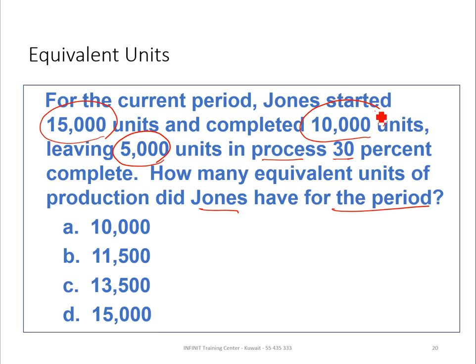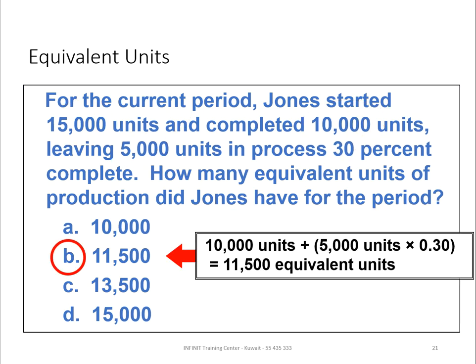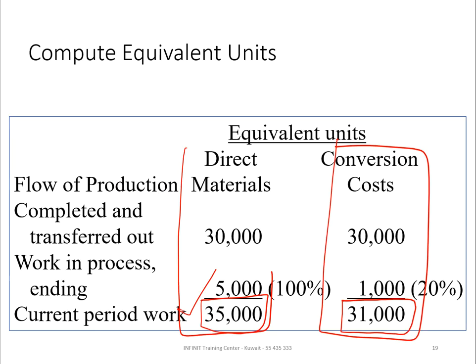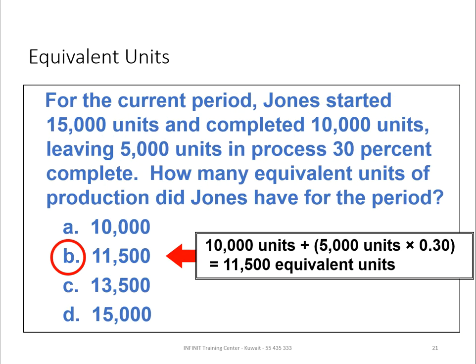So 10,000 units are 100% completed, and 5,000 units are 30% completed. That means the equivalent units are 1,500. So 1,500 plus 10,000, the EUP is going to be 11,500. This is how we calculate the EUP for material and conversion cost.